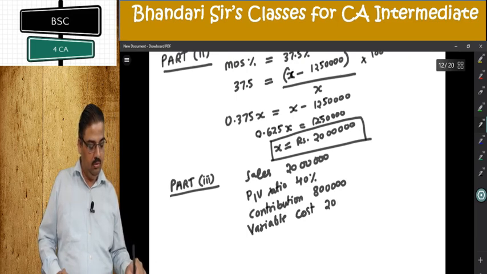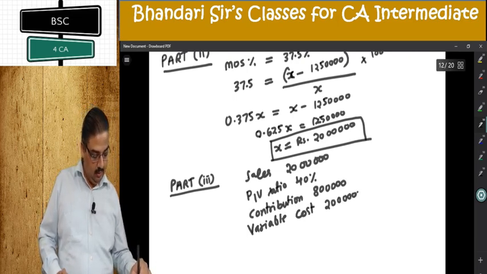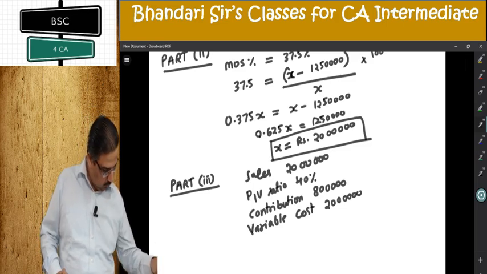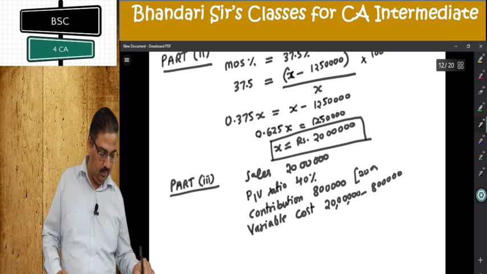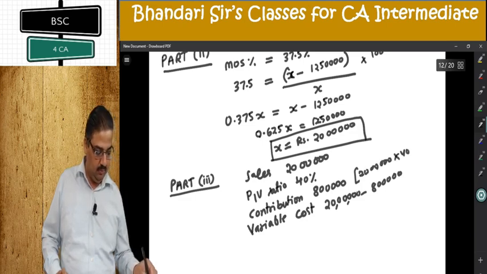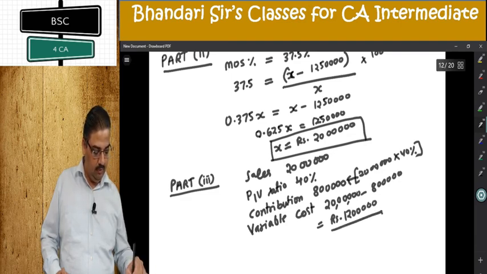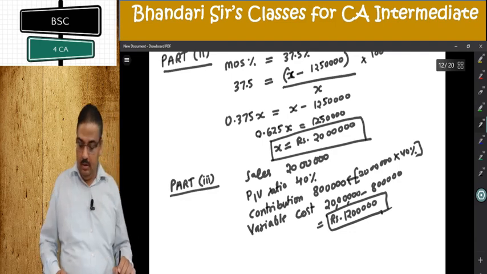Variable cost is 20 lakh minus 8 lakh. How did I get 8 lakh? 20 lakh into 40%. Variable cost rupees 12 lakh. Answer of this part. This is part number 3.